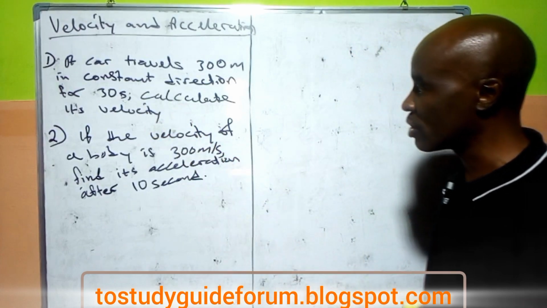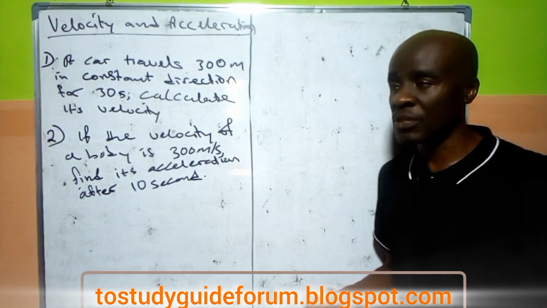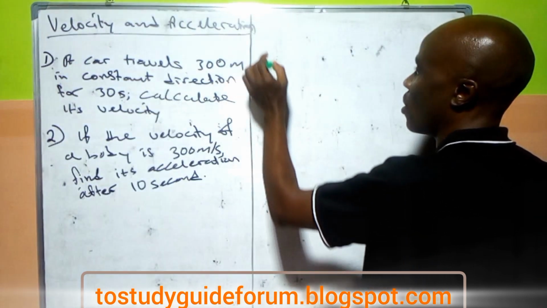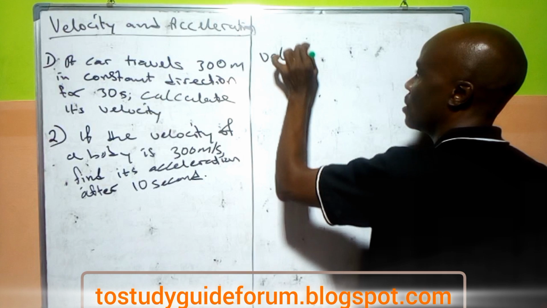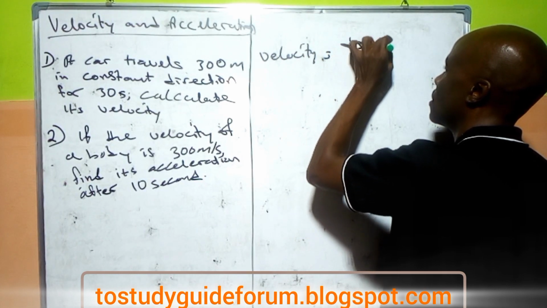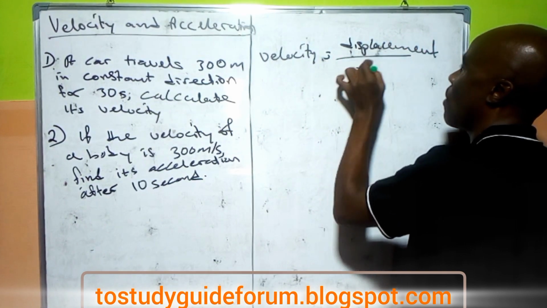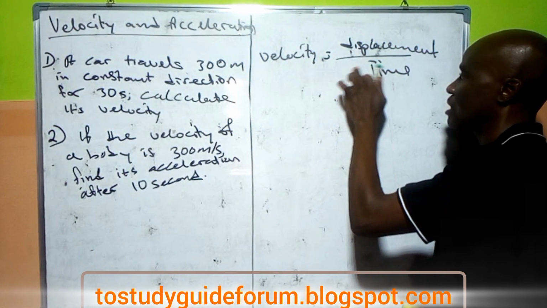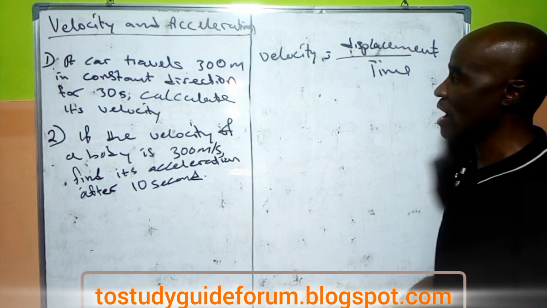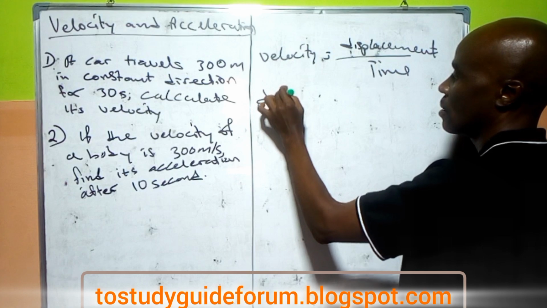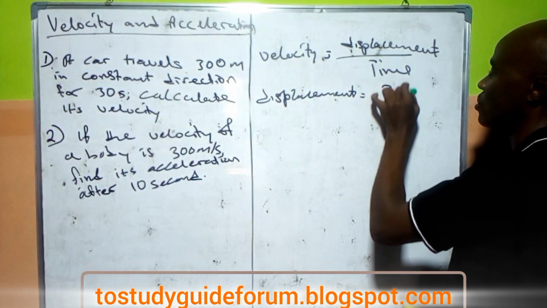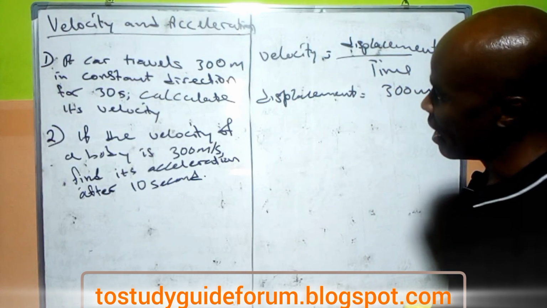Velocity here, since you know that velocity is the rate of change in displacement with time. To find the velocity, it simply means displacement over what? Time. Displacement over time. We have our displacement, which is equal to 300 meters, and then we have our time.